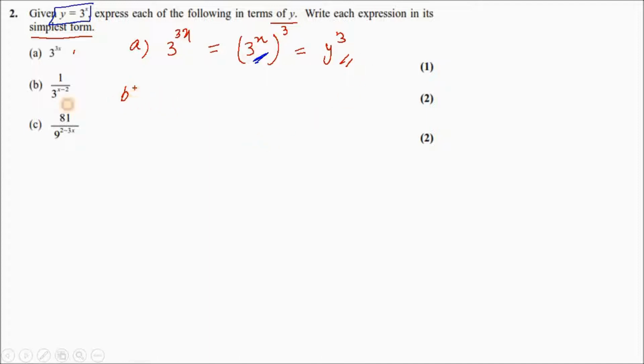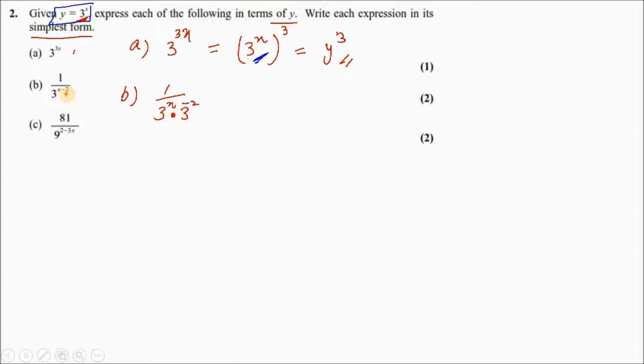Part B is 1 upon 3 to the power x minus 2. Again you will have to think of a way to write 3 to the power x separately. So this 1 upon 3 to the power x minus 2 can be written as 1 upon 3 to the power x into 3 to the power minus 2.